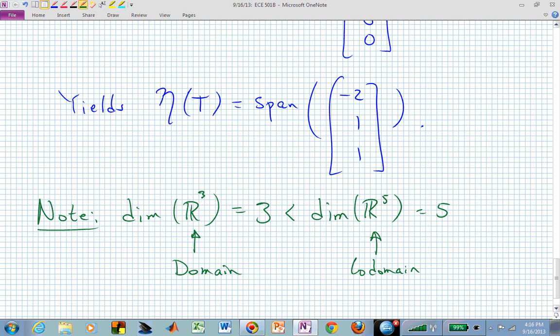It just depends on the relationship between these different vector spaces whether or not you have a non-trivial null space.